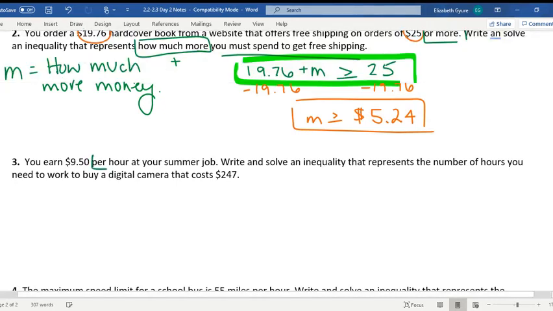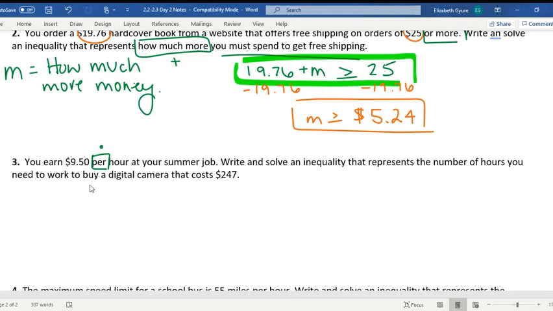Bailey? Per, he said that per is one of my action words, which means multiply. So I boxed that and put multiplication on top of it. You could do that.